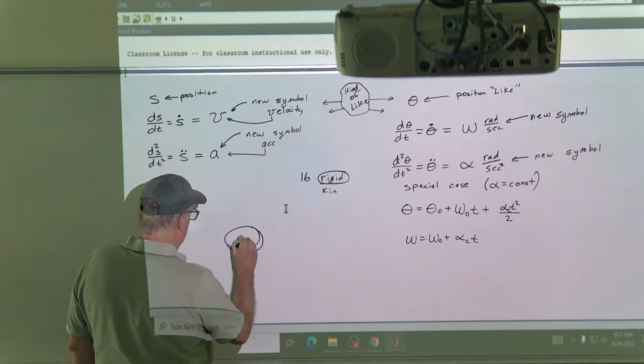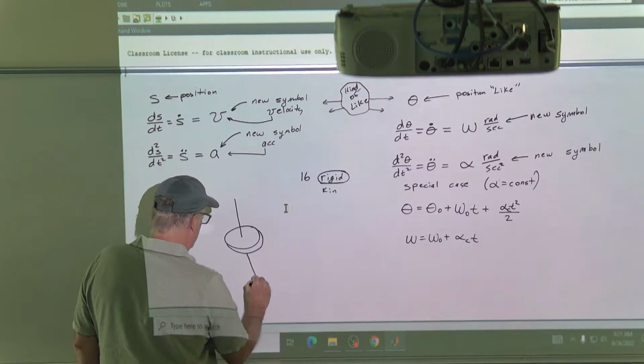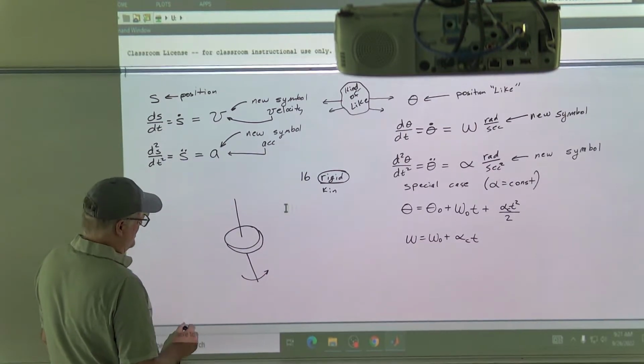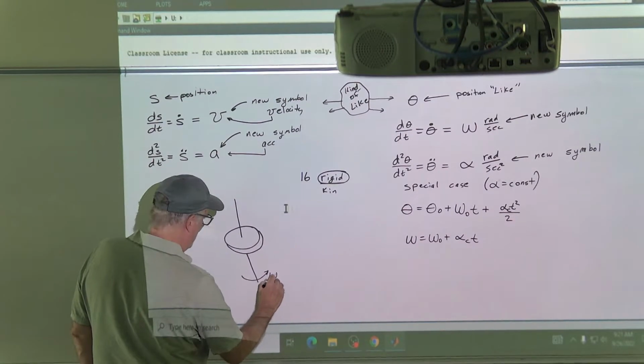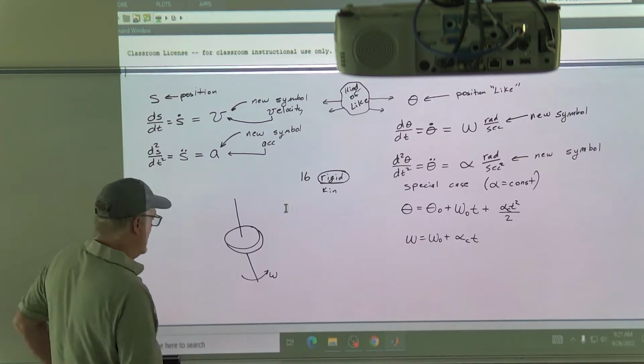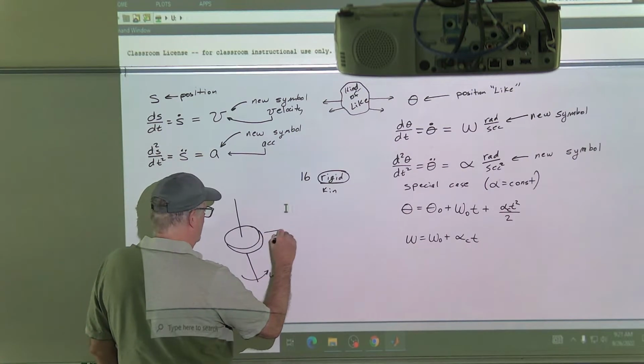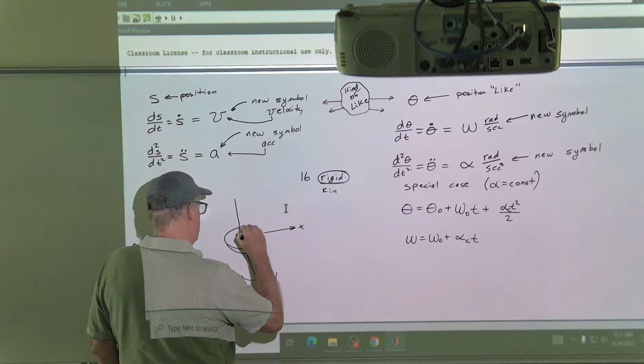So here's a rigid wheel spinning like this. Now, here it is, it's spinning with omega, but why is it a vector?